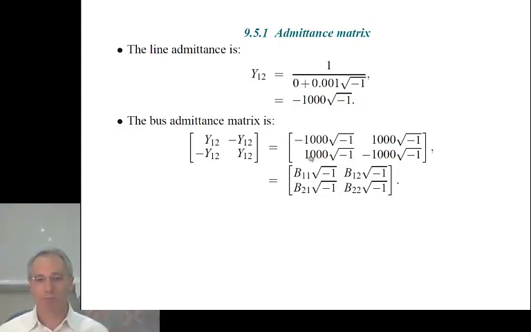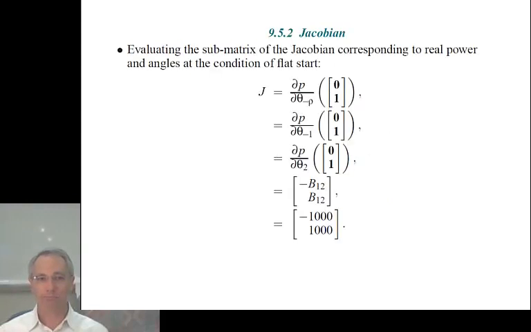So there are the values explicitly, and I can think of those entries as B11 square root minus 1, B12 square root minus 1, B21 square root minus 1, and B22 square root of minus 1.